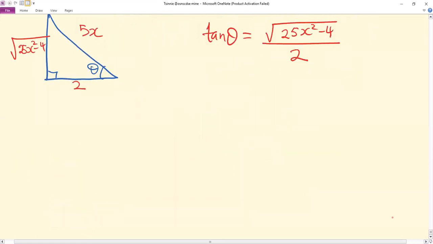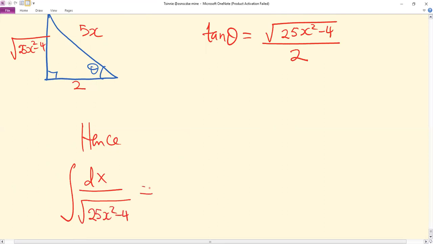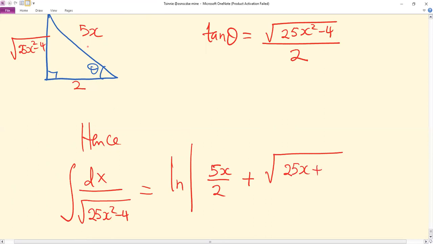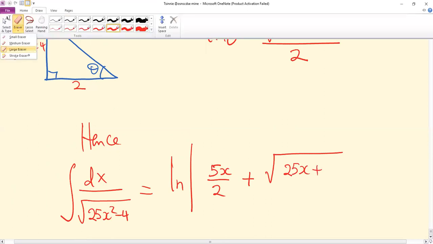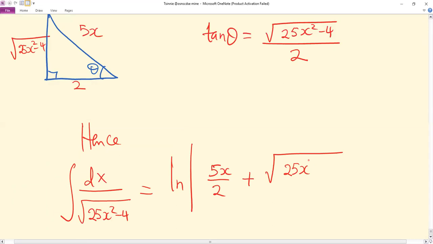So hence, the integral of dx over the square root of 25x squared minus 4 is nothing but ln of 5x over 2 plus the square root of 25x squared minus 4, divided by 2, then plus the constant of integration, c.